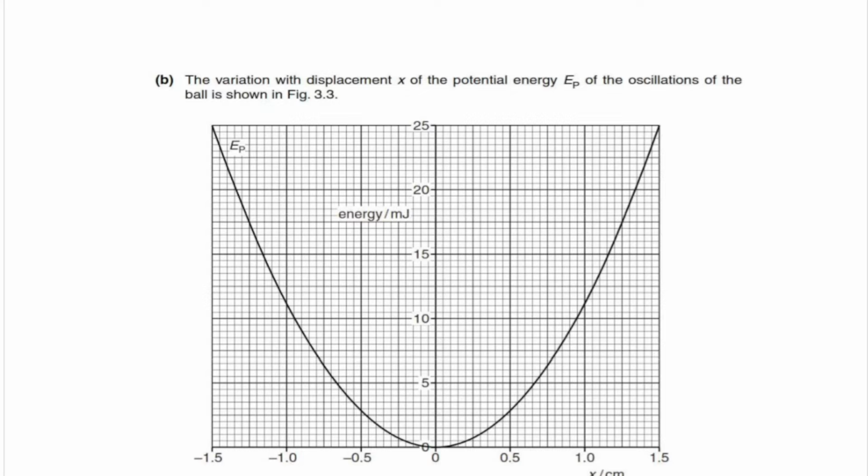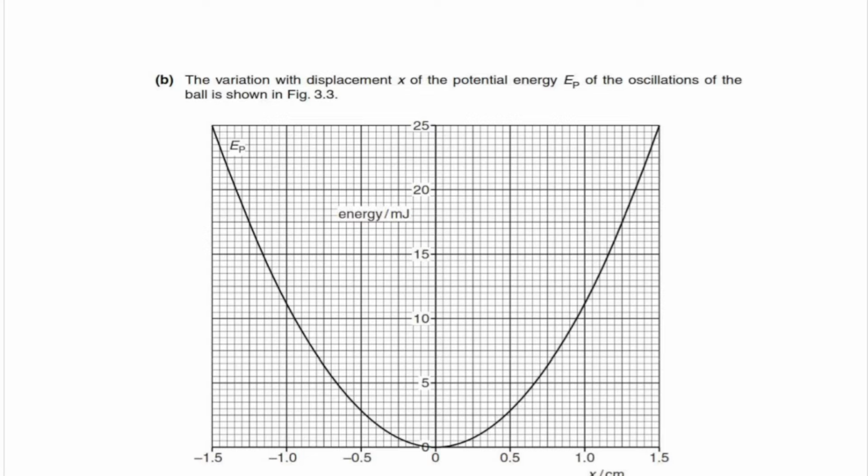Now for part B of this question, the question says that the variation with displacement x of the potential energy EP of the oscillation of the ball is shown in figure 3.3.